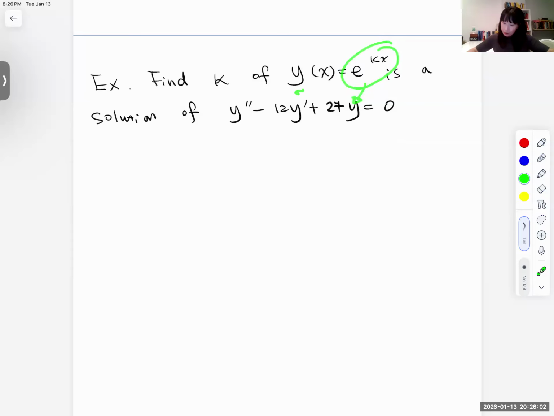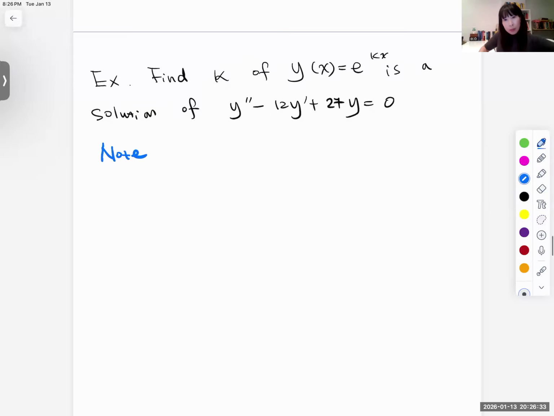So now we need to find what is the y prime, and we need to find what is the second derivative of y. Then whether we get the 0 or not, right? Oh no, we need to find such k there. Yeah, like earlier. Okay, let us do that.